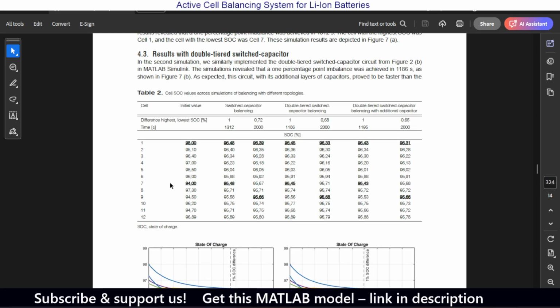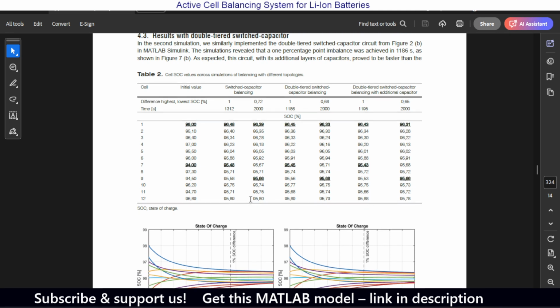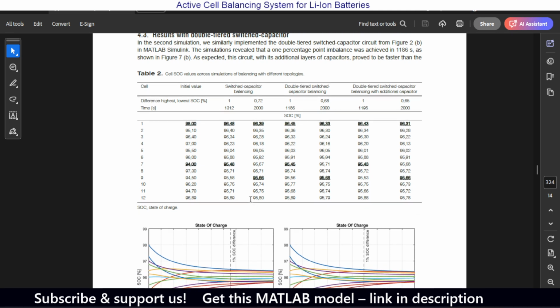So each battery will have a different state of charge. In this case, there's a high chance for the battery to get damaged because of this difference in cell voltages, because of the difference in charges present in each and every cell. So our objective here is to make all the batteries have the same value of SOC.